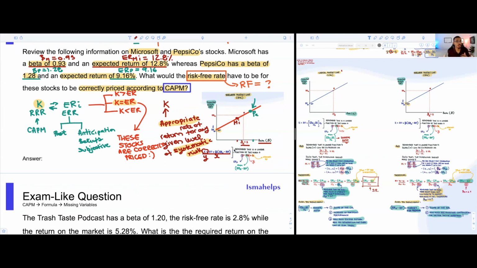It's pretty awesome stuff. And the last bit that's important to understand, and there are several videos that I made on this on my YouTube channel, okay? But all jokes aside, the SML, which is the security market line, in other words, the formula for CAPM, it's a linear function.